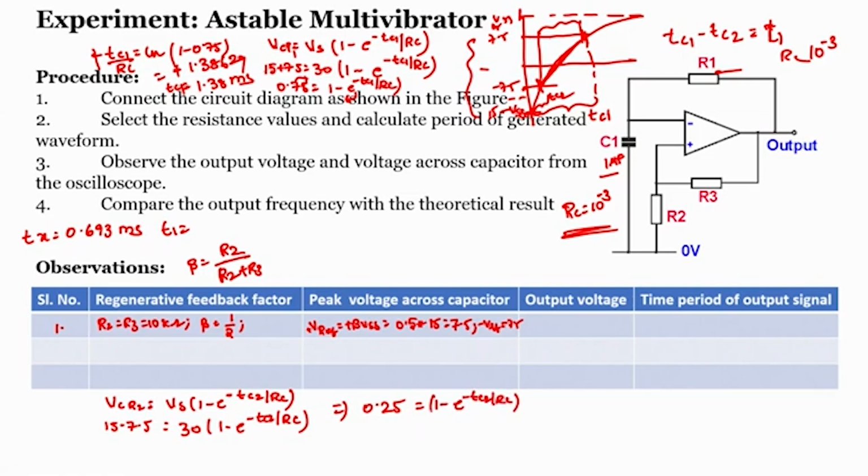When we do the complete calculation, minus Tc2 by RC is equal to 1 minus 0.25, which is 0.75, right. The log of 0.75 is minus 0.2872.